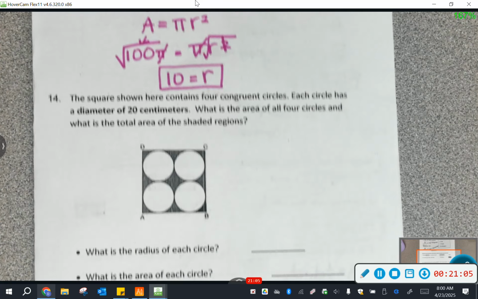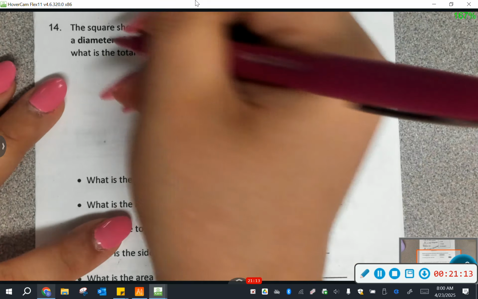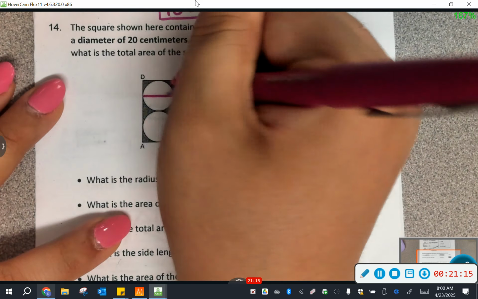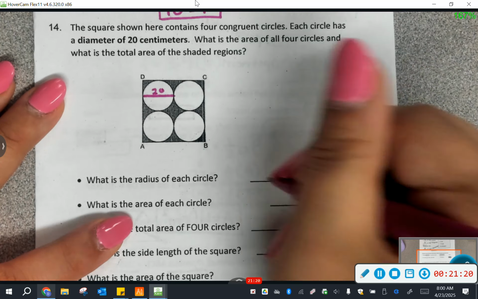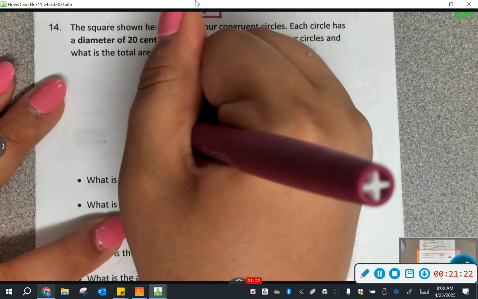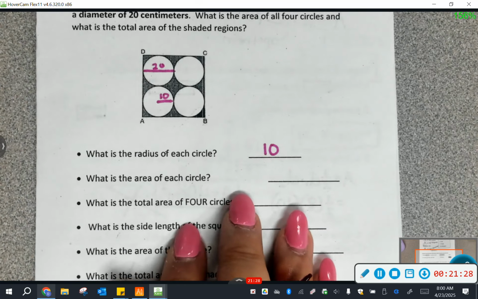Last question, and this is what it's going to look like on your test. It is going to go step by step with you. It tells you right here, it's a square, and each circle has a diameter of 20. What is the radius? 10. Is that really a question on this test? Yes. If the radius is 10, what's the area of your circles?